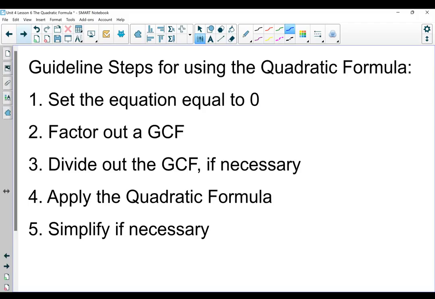If your GCF is anything other than 1, you're going to divide it out. Then substitute into the quadratic formula. At the end, you want to look at your answer and simplify your final answer if you can. If it's complex, you want to divide out a common factor if it's true for all parts of the answer. If it's not complex, you better give us 2 rational answers.